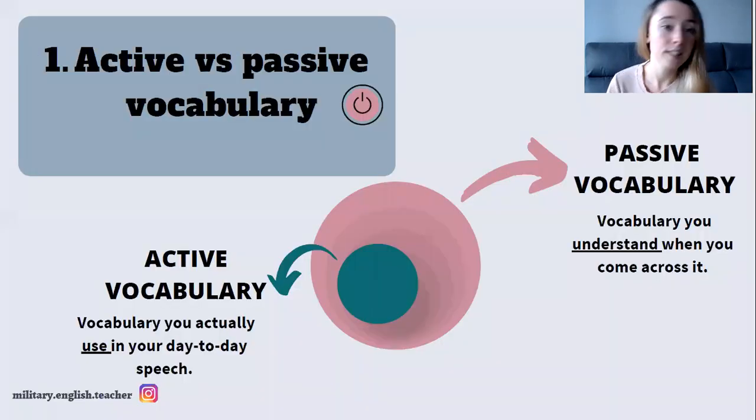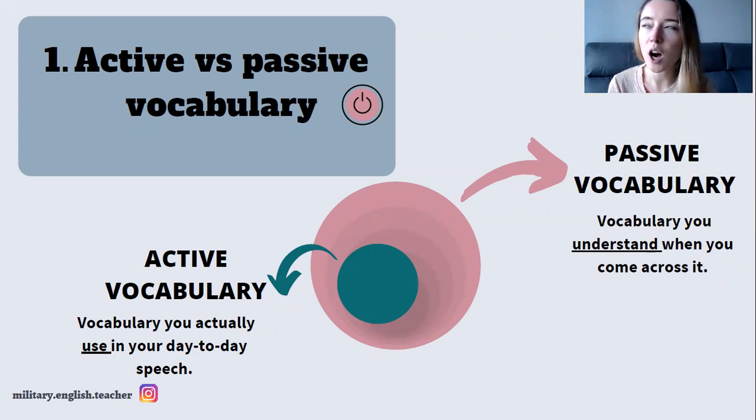The first thing that I want to talk about is what is active and passive vocabulary. So I want you to think about your vocabulary as two circles. The pink one, the one that you can see on the screen, is your passive vocabulary. And the green one, or blue, I would say green, the green one is your active vocabulary.